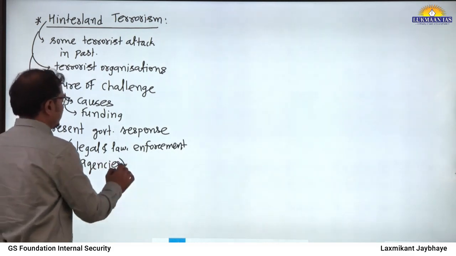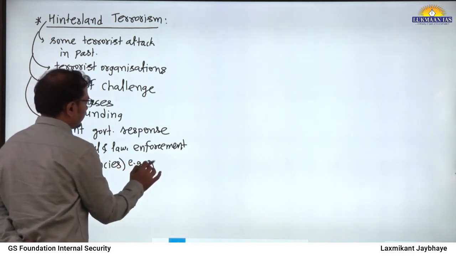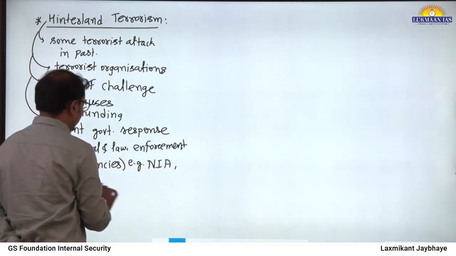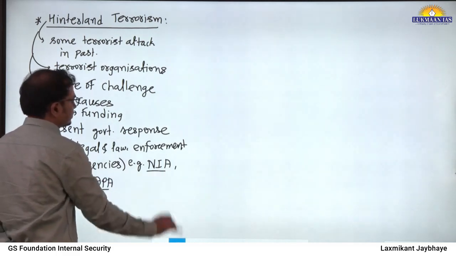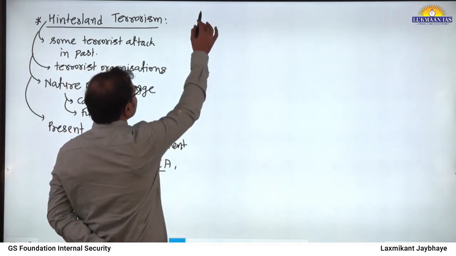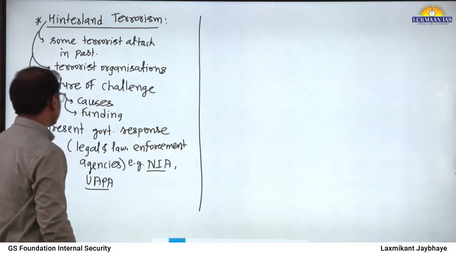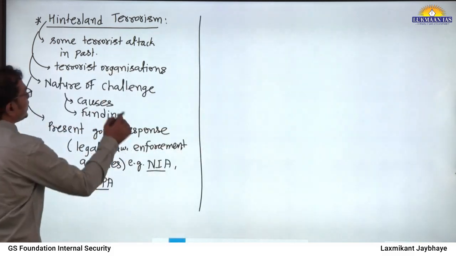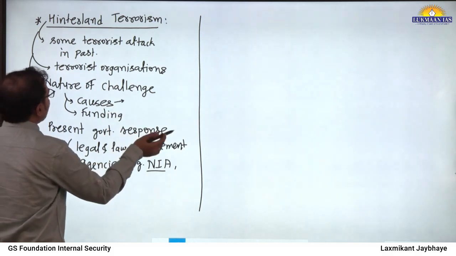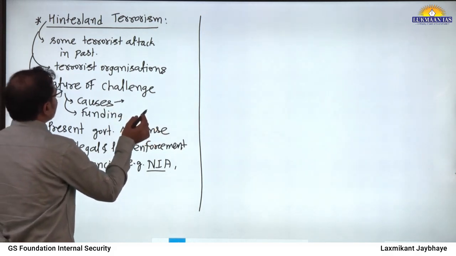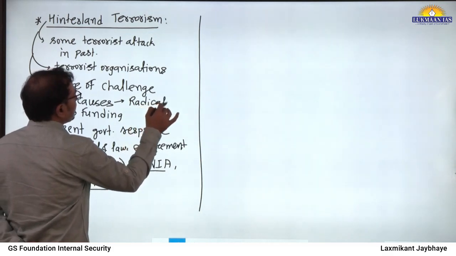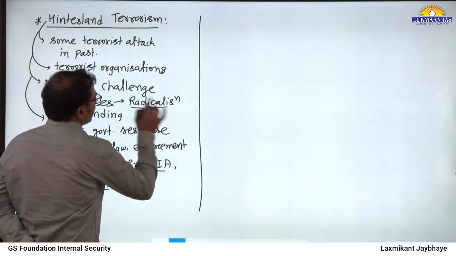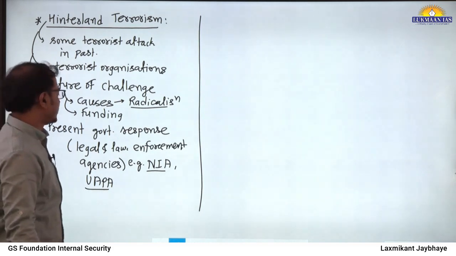For example, here NIA, UAPA, okay. Here we will talk about one more problem, radicalization.